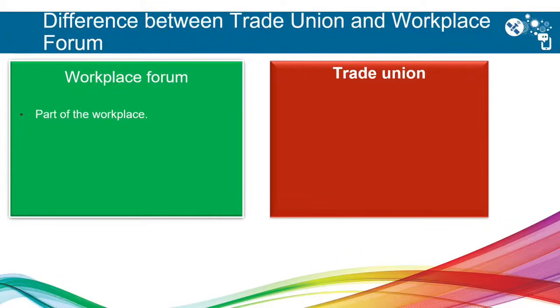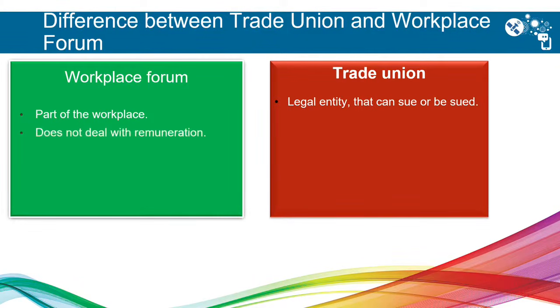Firstly, workplace forum is part of the workplace, whereas a trade union is a separate entity. It can be sued and it can sue, right? Whereas a workplace forum is part of the business. Workplace forum does not deal with remuneration, right? That is the task that is given to the trade union. So the trade union will negotiate salaries and wages.